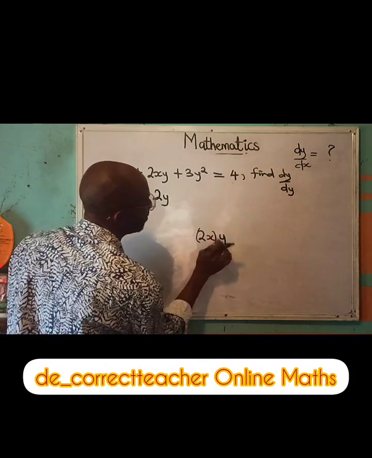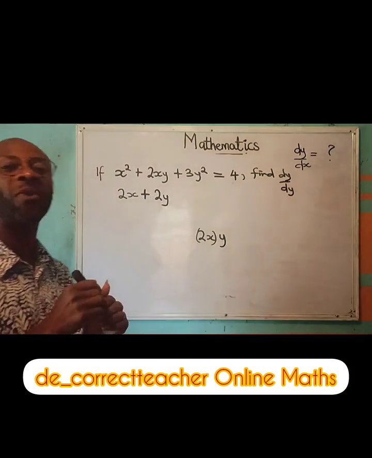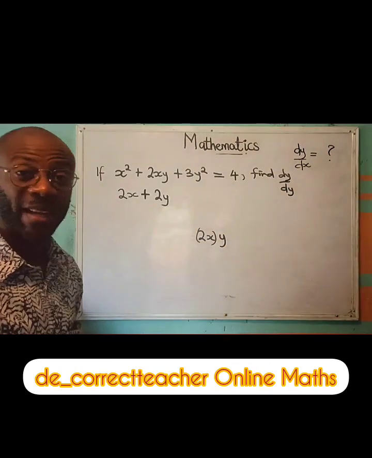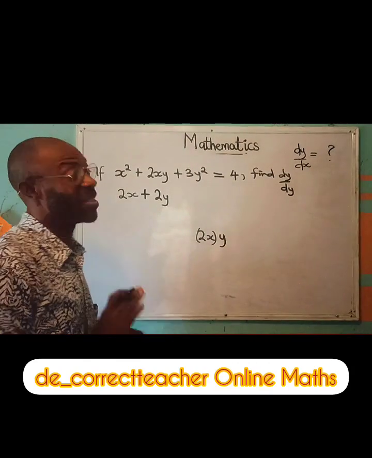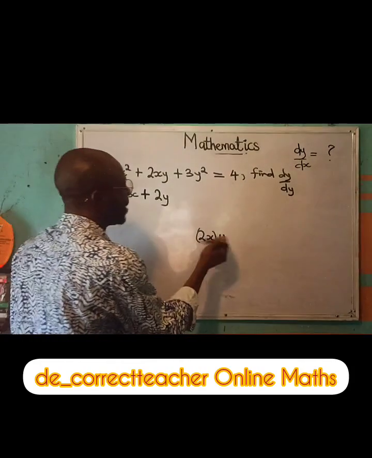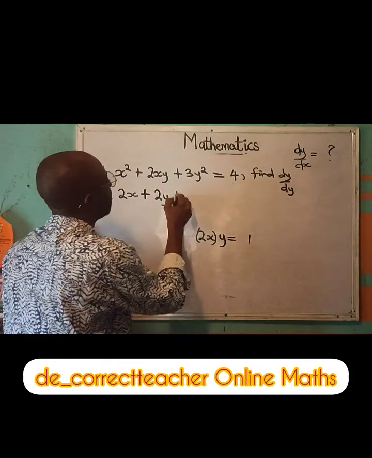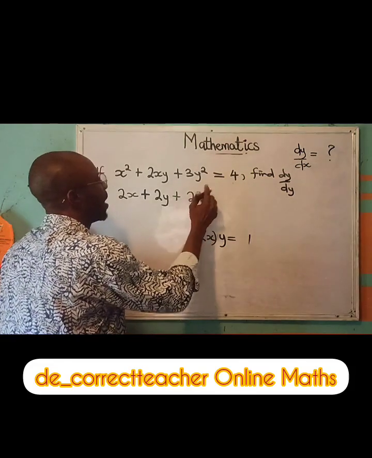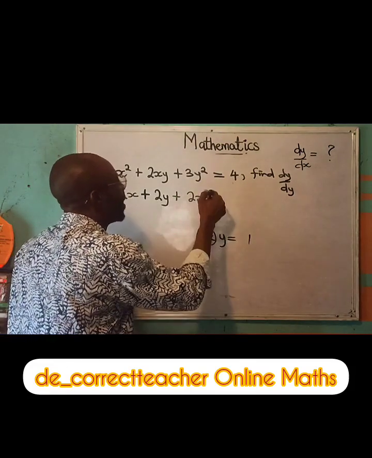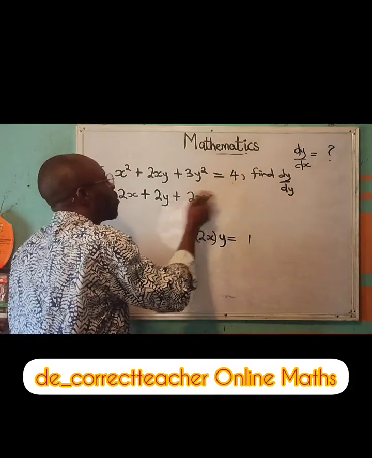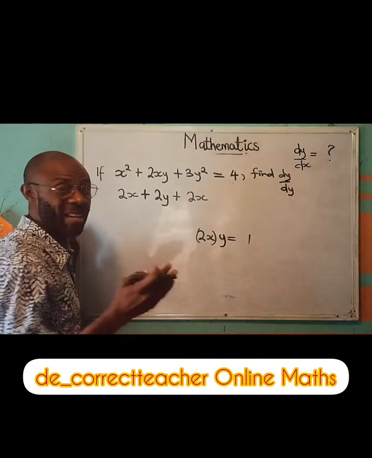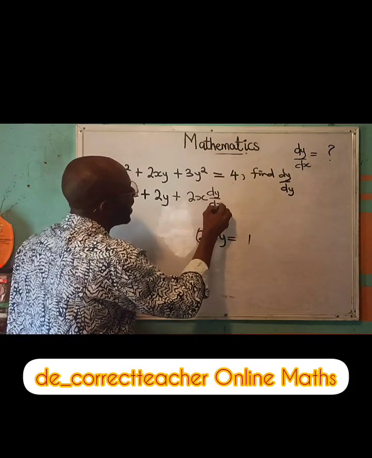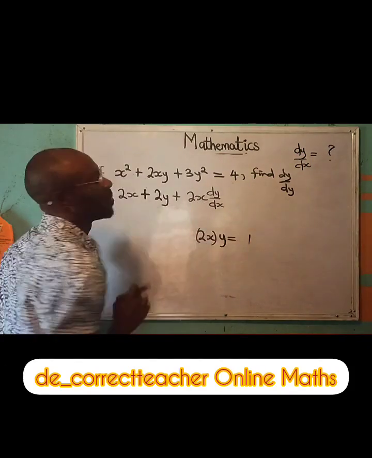So I'm bracketing this, I'm differentiating only this y with respect to y. And of course, if I'm differentiating a single variable like this, it's just 1. So if I differentiate this, I'm going to have 1. Then this 2x will be there. This one is 1, but we don't write 1 because 1 multiplied by this gives the same 2x. But I remember I must introduce dy over dx because I'm differentiating with respect to y here.